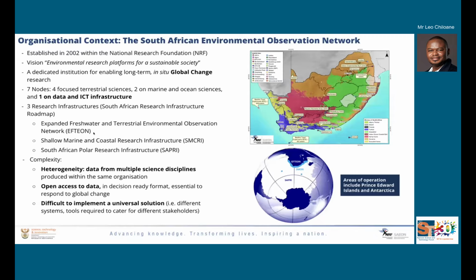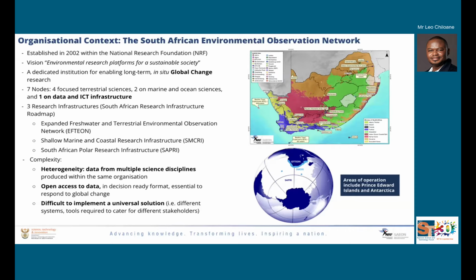So in that regard, we have the expanded freshwater and terrestrial environmental observation network that works alongside our terrestrial nodes. And then we've got the shallow marine and coastal research infrastructure that's integrated with our coastal node. And then we've got the South African polar research infrastructure that's integrated with our offshore node.